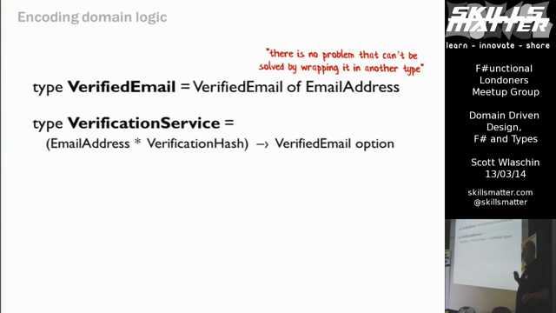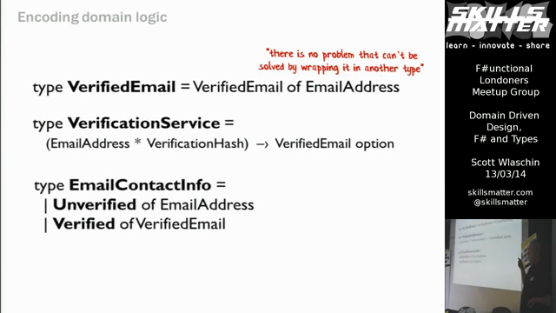So what we do then is rewrite our email contact information as two choices. The Boolean flag is now gone. The first choice is an unverified email address, and the second choice is a verified email address. But the verified email address is this wrapped type that I can't create. So if I come along and I want to set an email address, I can set it to be an unverified email address.